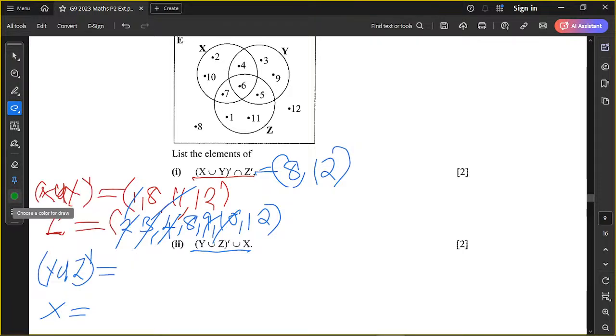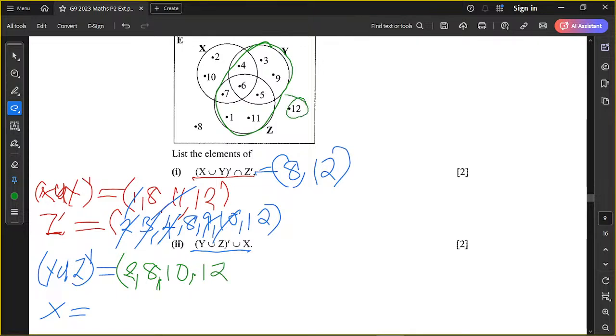So we start the open bracket. So we say Y union Z complement. So Y union Z complement, so we are talking about these elements not being included. Anything that is in Z or Y shouldn't be included. So we have got 2, then we have got 8, comma 10, then comma 12.